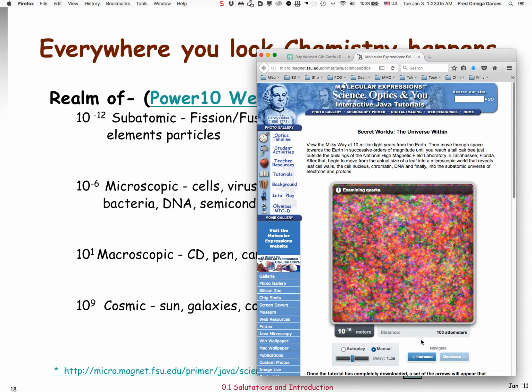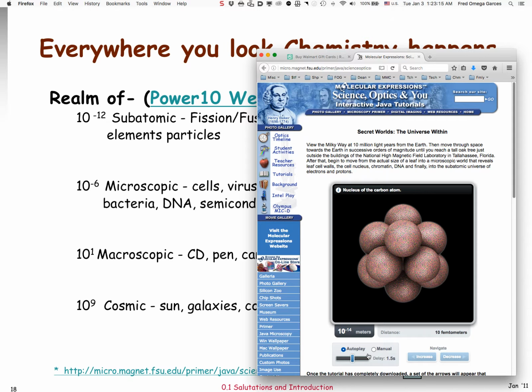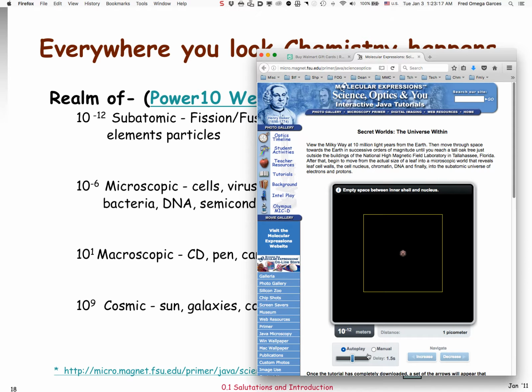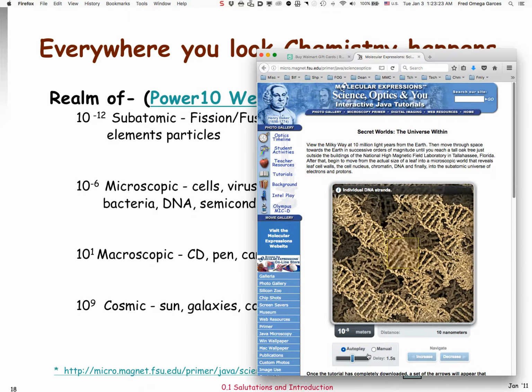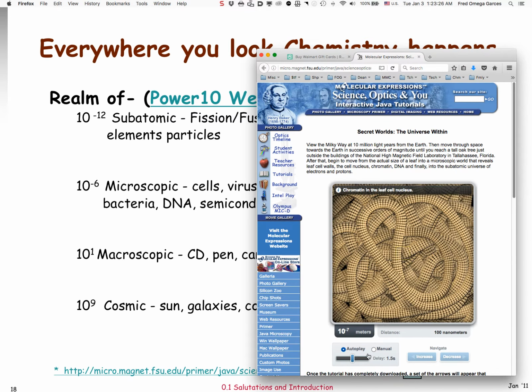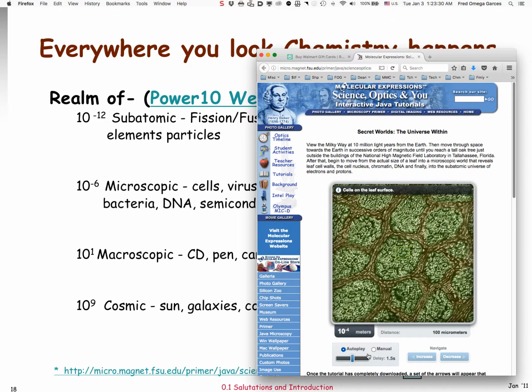Now let's go and reverse this. We're at 1 femtometer. And now we're about picometer, 10 to the minus 12. 10 to the minus 9th is a nanometer. 10 to the minus 6 is a micrometer. 10 to the minus 4 is a millimeter.